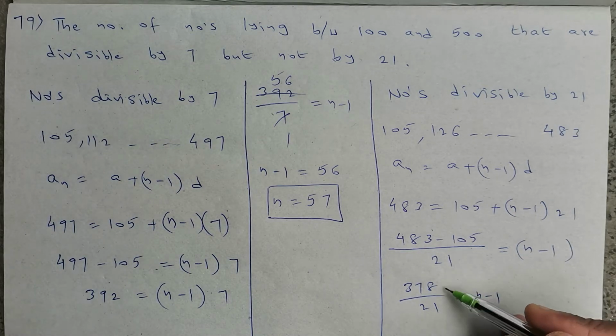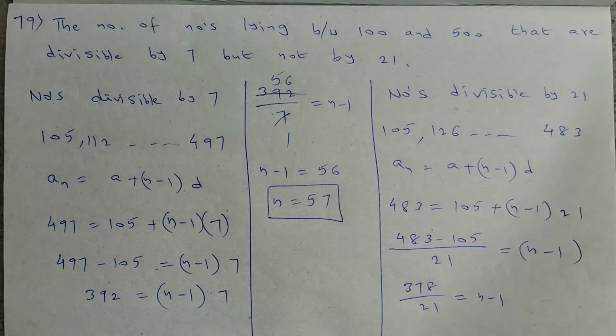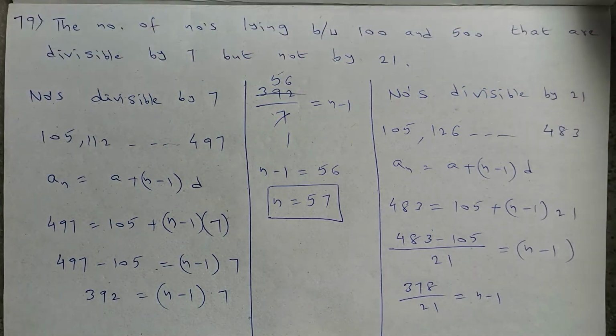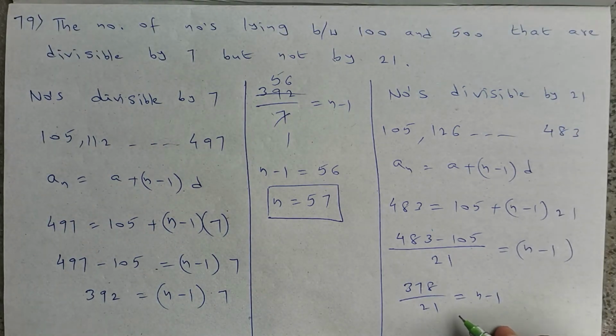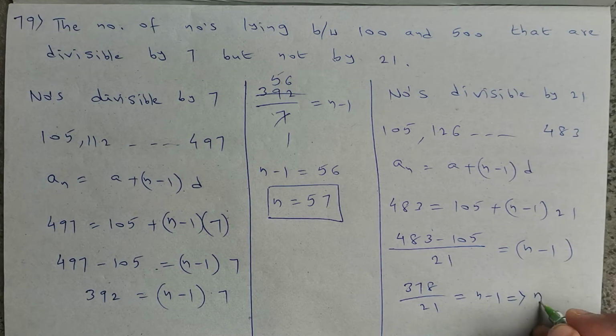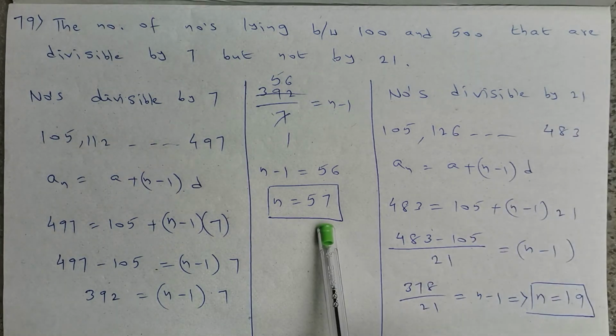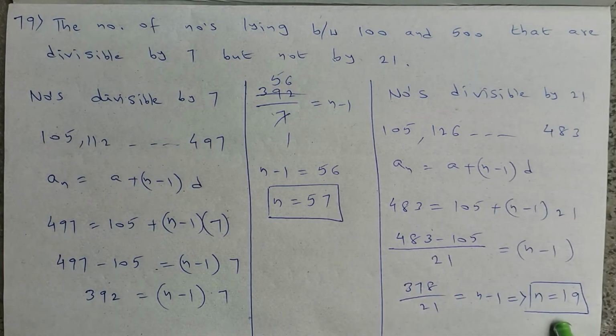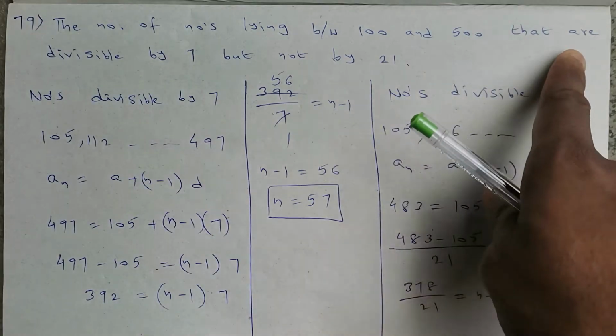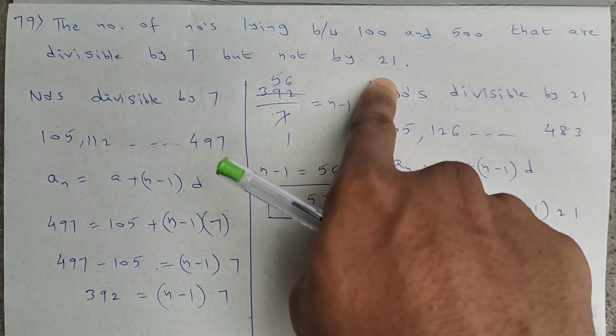So 378 by 21 is equal to 18. n minus 1 is equal to 18, then n value is 19. 57 numbers are there which are divisible by 7. 19 numbers are there which are divisible by 21. He is asking very clearly those should be divisible by 7 but not by 21.